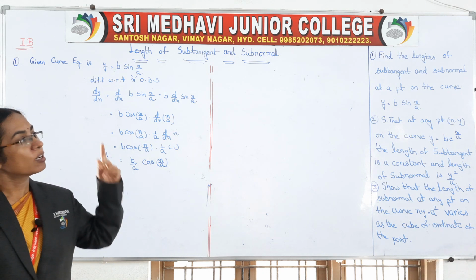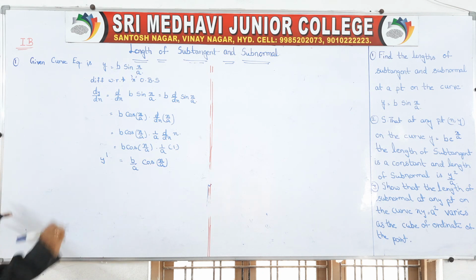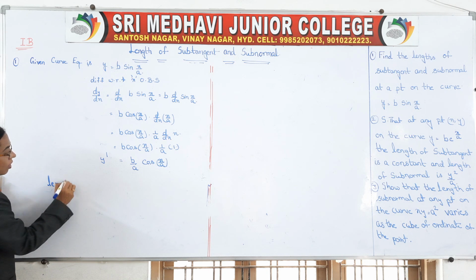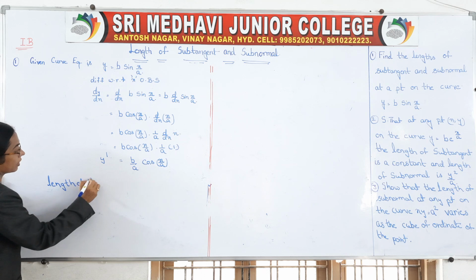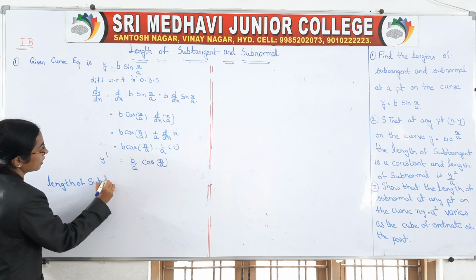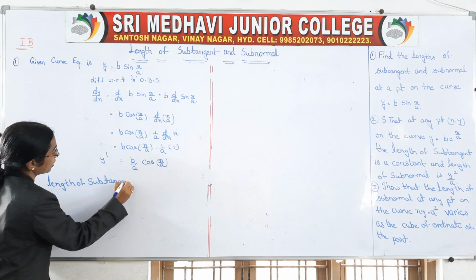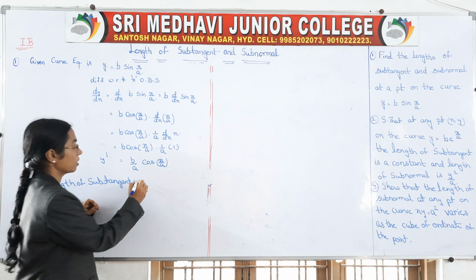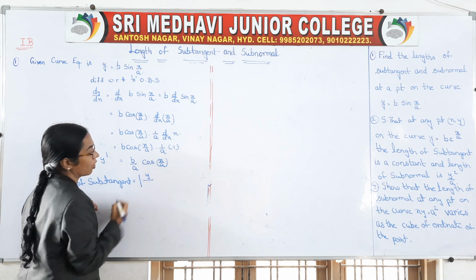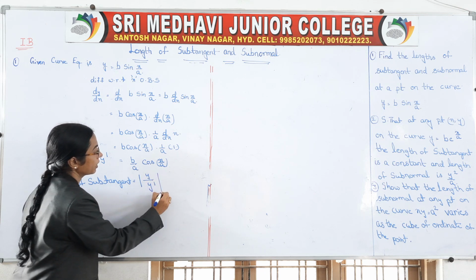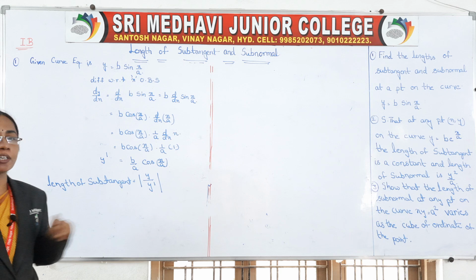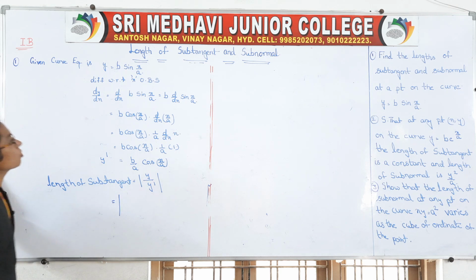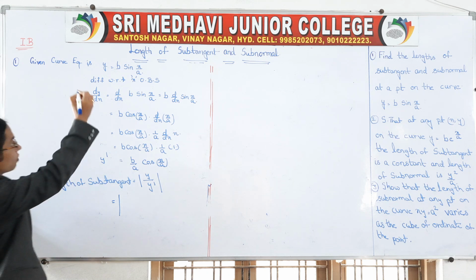Okay, so the question is to find the length of subtangent and subnormal. So you take the length of subtangent. In the previous class we got all the formulas of length of subtangent and subnormal, right? The length of subtangent formula is modulus of y by y dash. What is y?